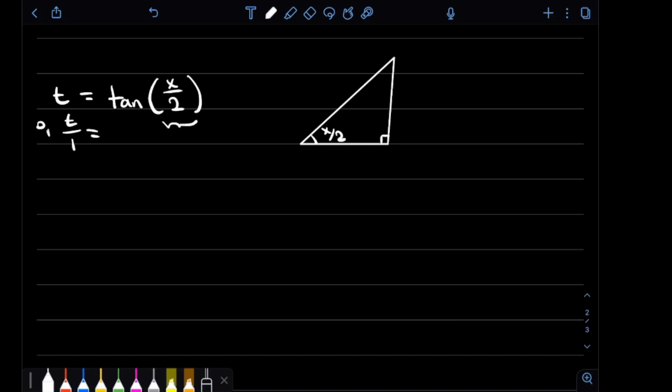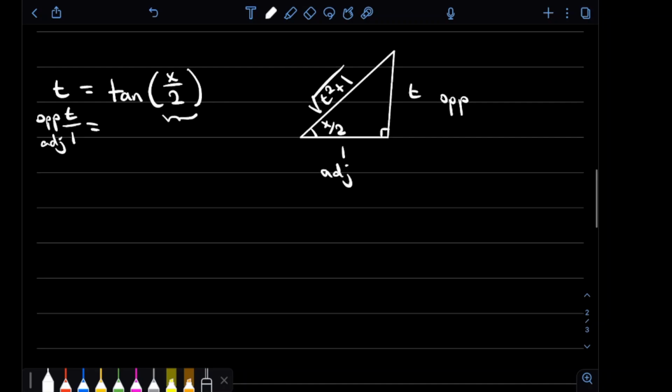If we think of t as the opposite and 1 as the adjacent, we can put the t here and the 1 there. From there, we can solve for the hypotenuse using the Pythagorean theorem, and I can trust you to do this on your own. It's just the square root of t squared plus 1.